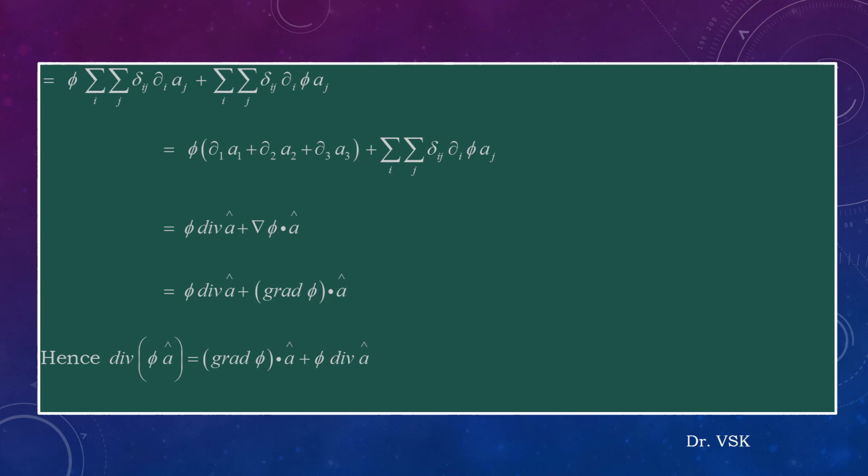Del phi is also equal to the grad phi. So we get div of phi a cap equals grad phi dot a cap plus phi div a cap. We are done.